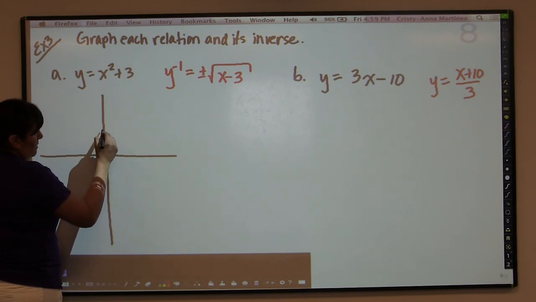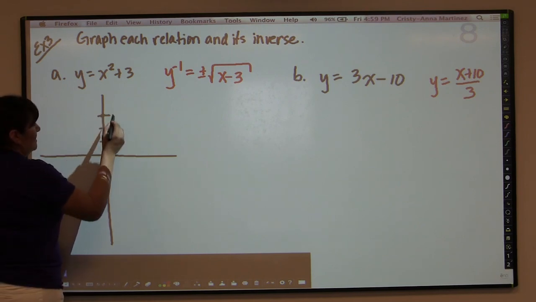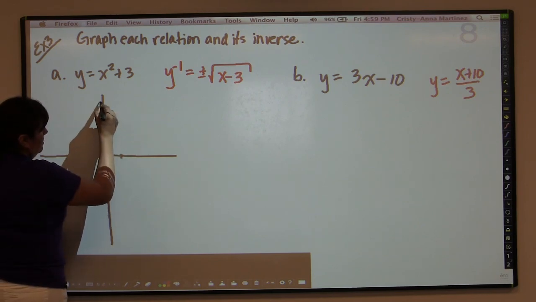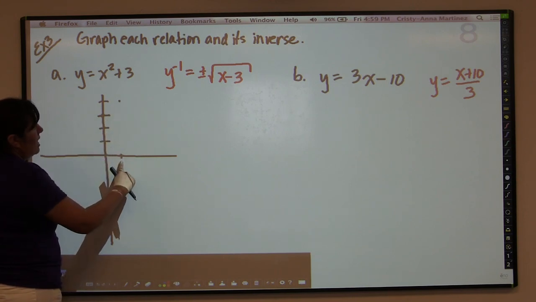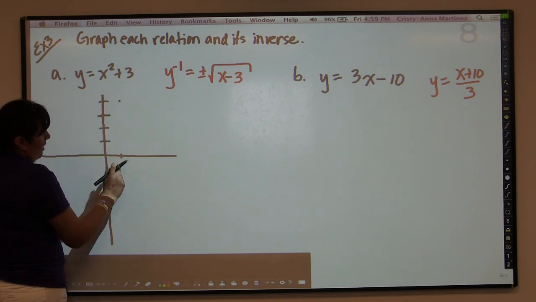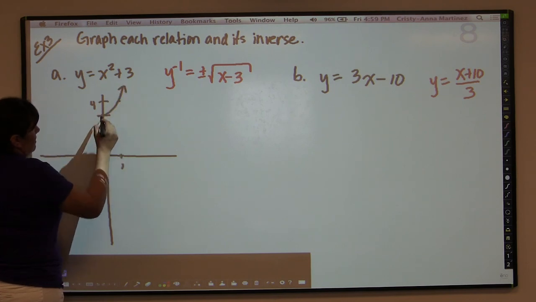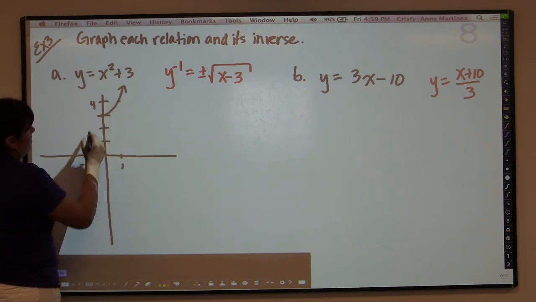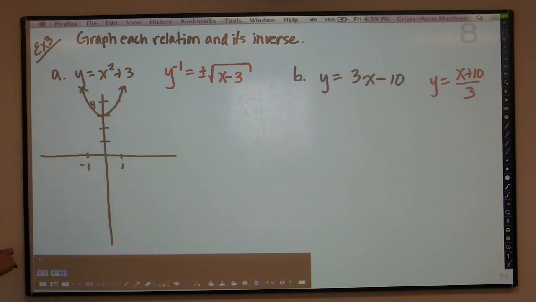So here's 1, 2, 3. And it's x squared, so if x is 1, I get 1 squared is 1, and 1 plus 3 is 4. So I'm plotting the point 1, 1, 2, 3, 4. Okay, so I've got this guy. And when x is negative 1, it'll be positive 4 as well. So there's my graph.